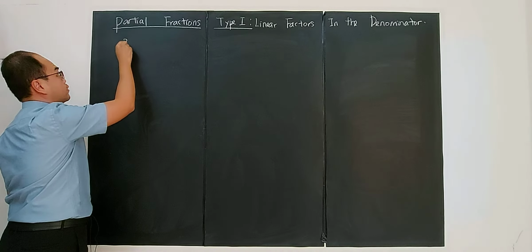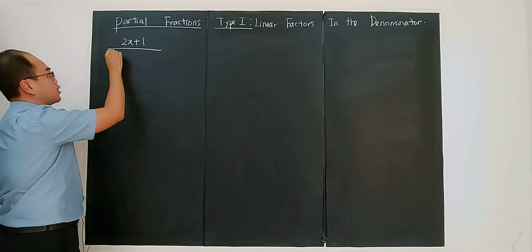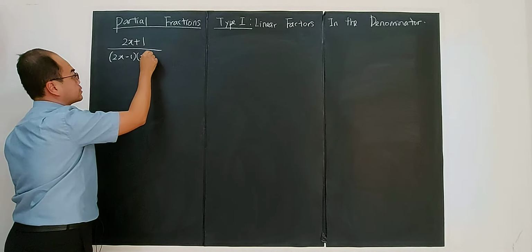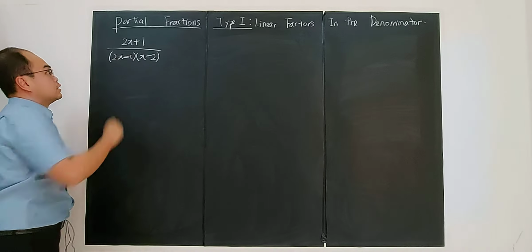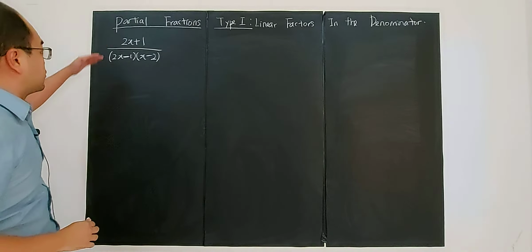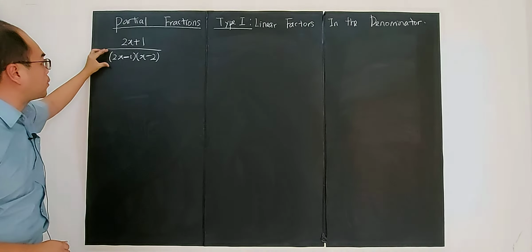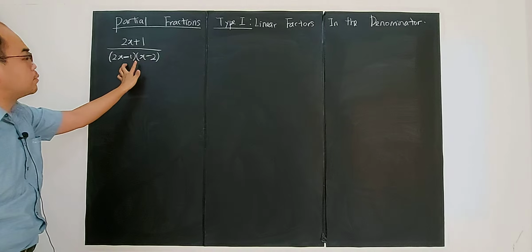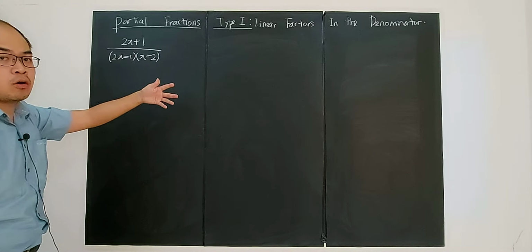For example, you have a fraction, a rational polynomial function, and you have 2x minus 1 and x minus 2, for example. This type of rational function has a polynomial on the numerator and a polynomial on the denominator, where the denominator can be factorized into 2 or more linear factors.